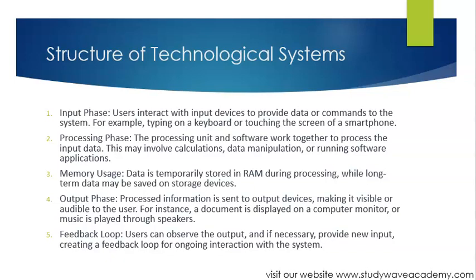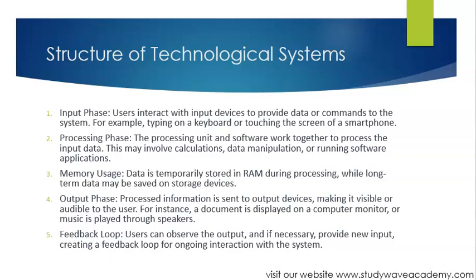Processed information is sent to the output device, making it visible or audible to the user. For instance, a document is displayed on the computer monitor, or music is played through speakers. When your information or your command or your data has been processed, it gets to the output phase.